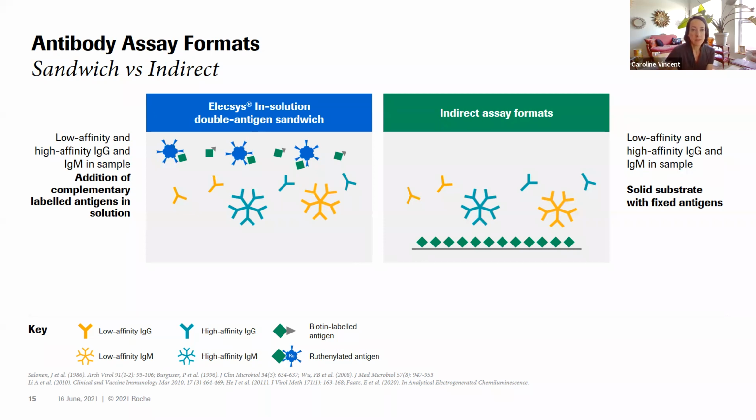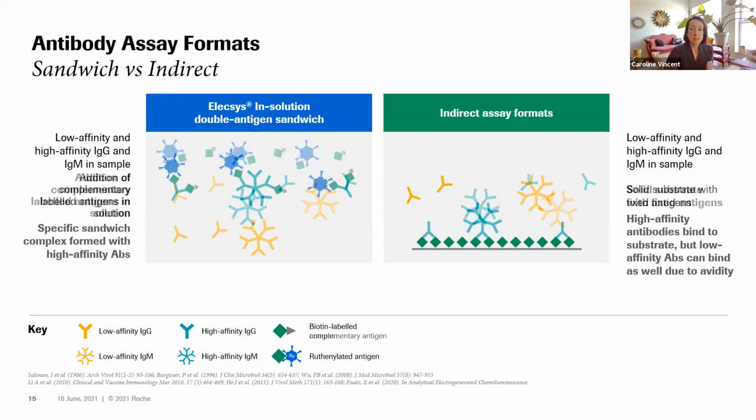And so these complementary antigens will be added to the sample. And a key characteristic is that the antigens will remain in solution in the sample. Whereas in the indirect assay format on the right, in this case, the antigens are attached to a solid substrate. And so this is really the first key difference between these two assay formats.